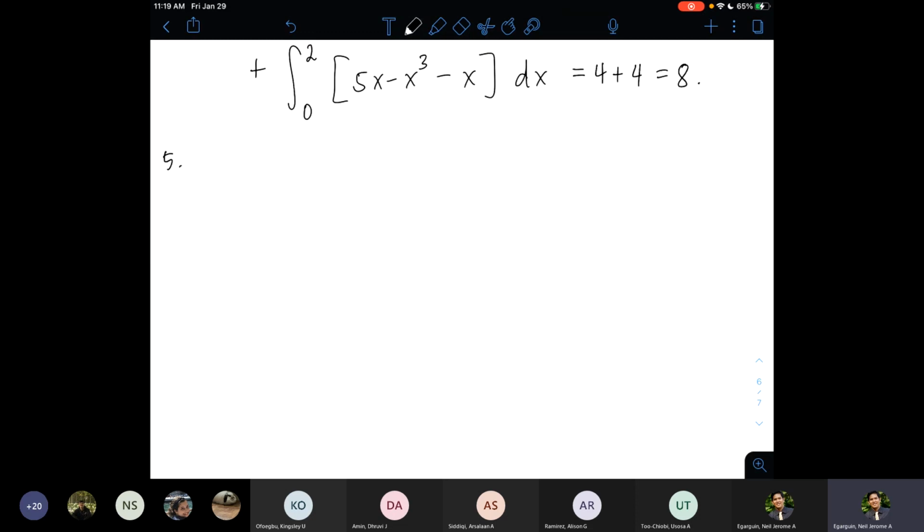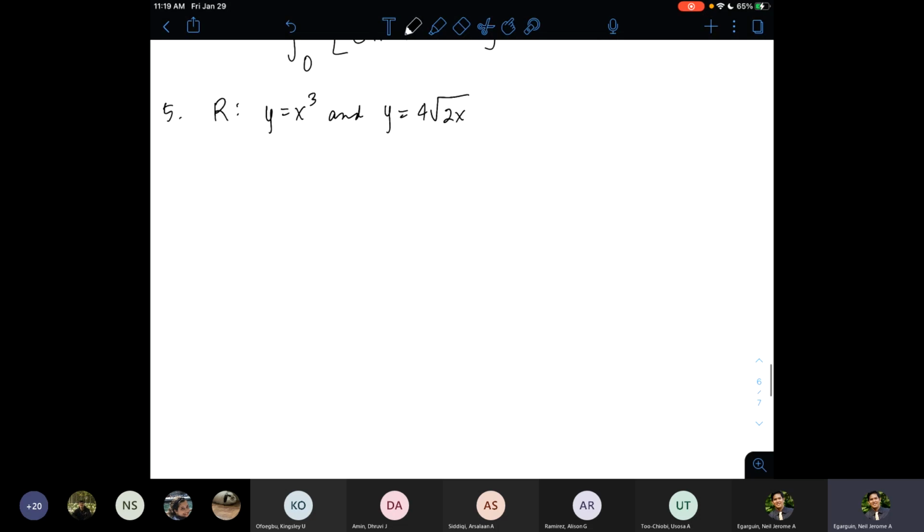So for problem number 5, let me see. What was problem number 5? I forgot to open my other copy. Okay, for problem number 5, we are asked to find the area of the region bounded by, let me call the region R, bounded by y equals x cubed and y equals 4 root of 2x.